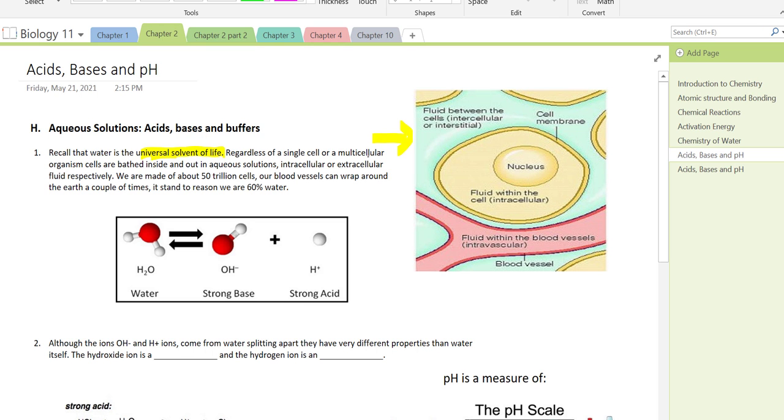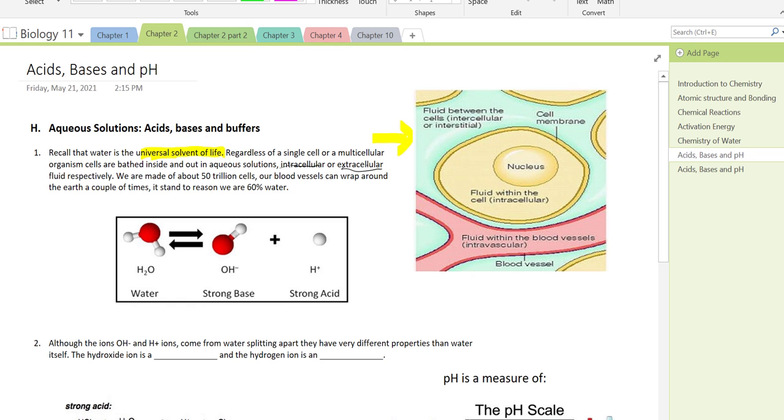Regardless of whether it's a single cell or a multicellular organism, cells are bathed inside and out in aqueous solutions. Aqueous solutions simply mean that water is the solvent and there are lots of solutes dissolved in it. We say intracellular for inside the cell and extracellular for outside the cell.